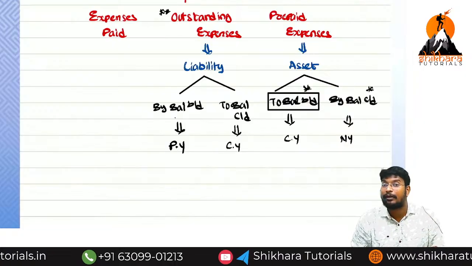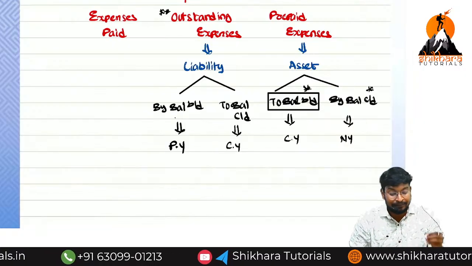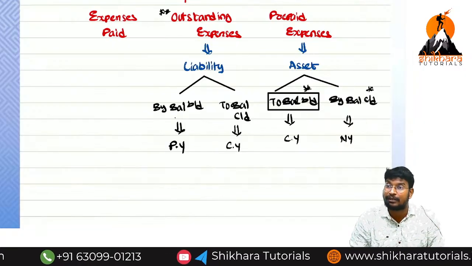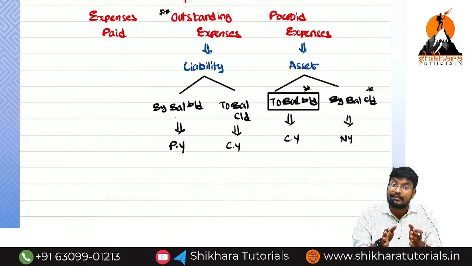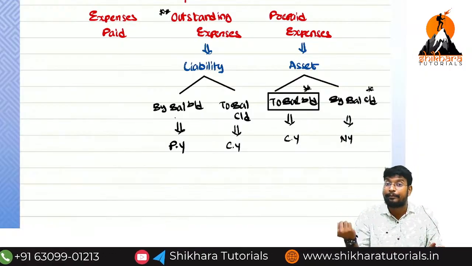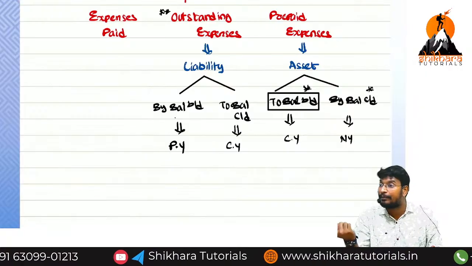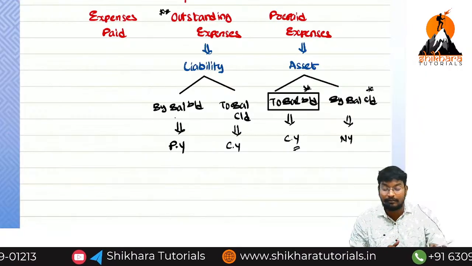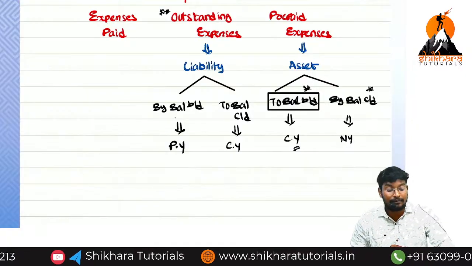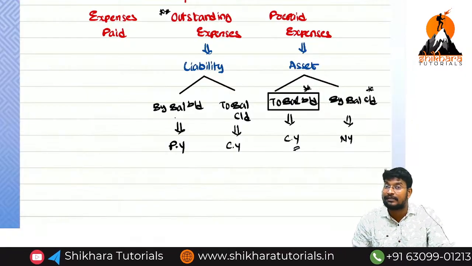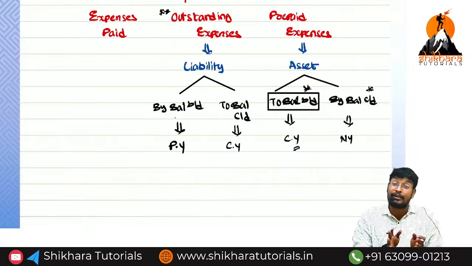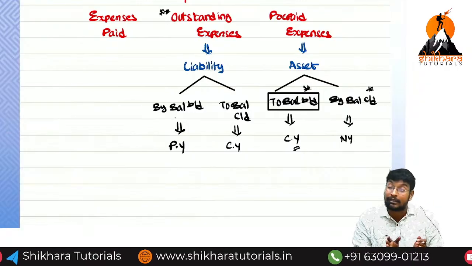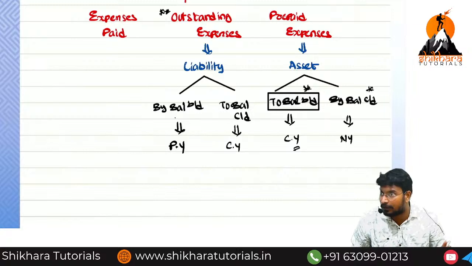For prepaid expenses, opening balance means we paid in the previous year but it relates to the current year, and closing balance means we paid during the current year but it relates to the next year. Are you getting the point?